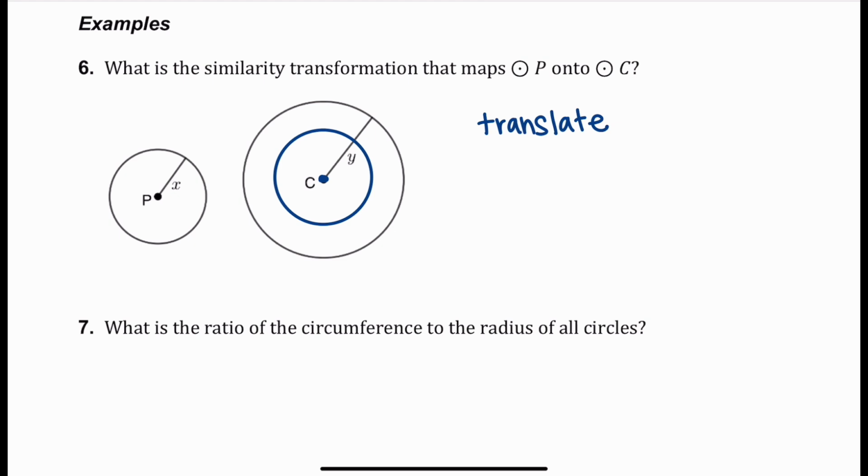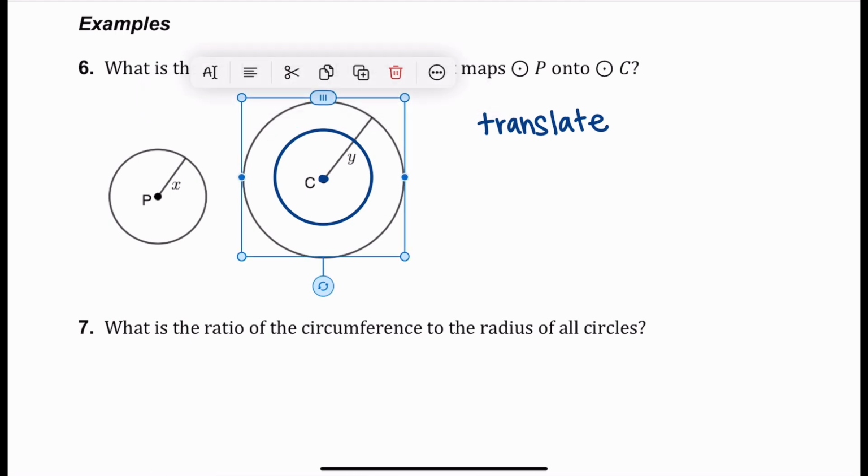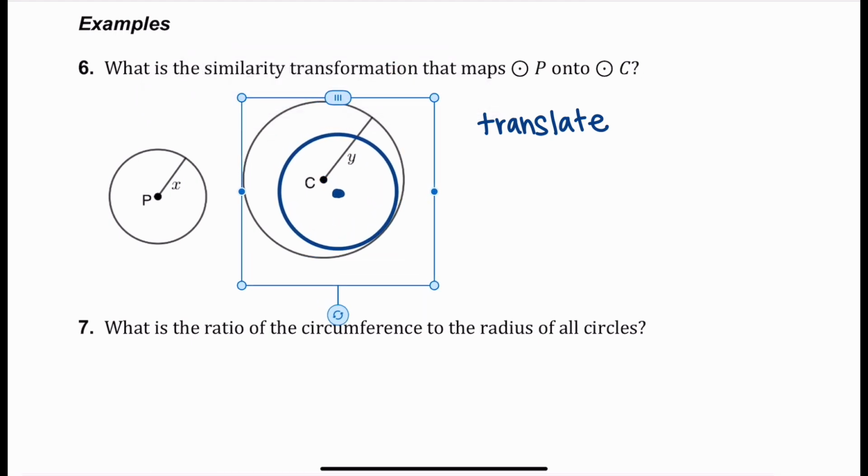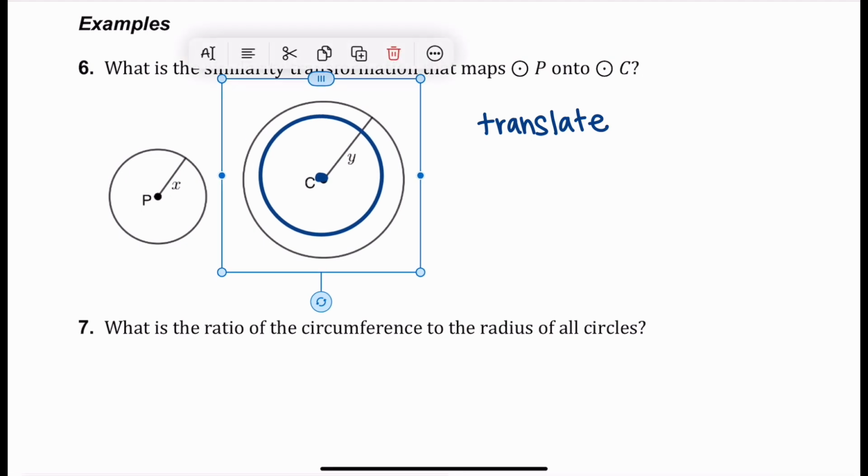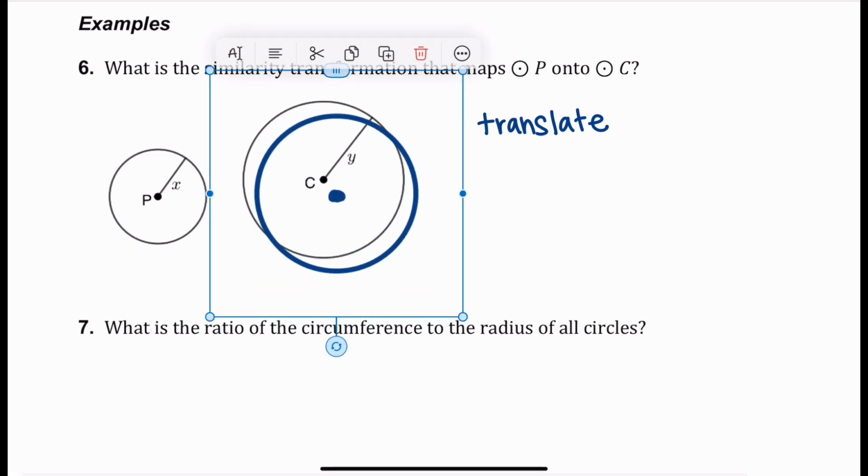Then what I need to do is take this circle and resize it. So I'm going to take this and make it bigger, but it's moving when I'm doing that.